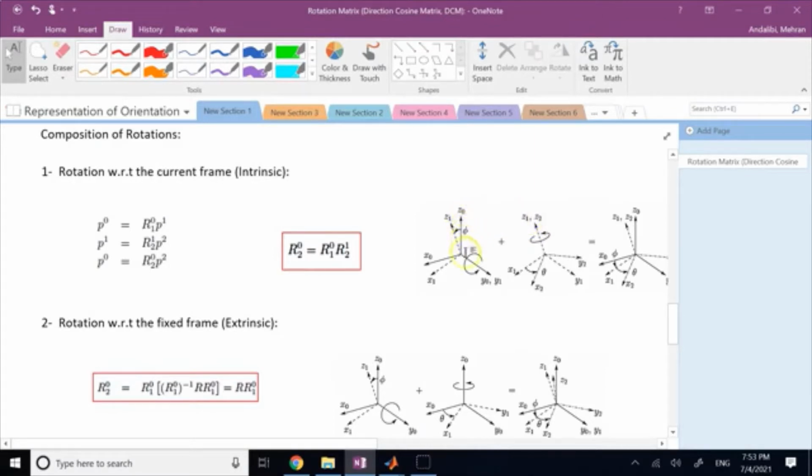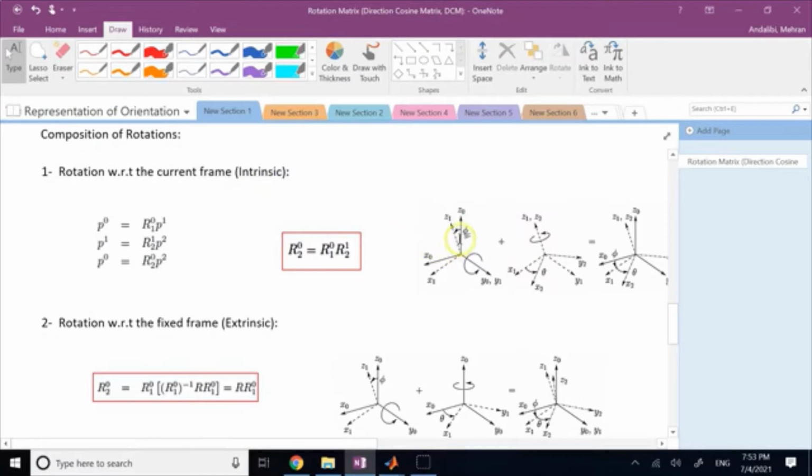Or you still want to rotate this frame 1, all of its axes, by rotating all of them about what? About the original z, z0. In most of the applications in real life, the rotations are done about the current or the intermediate frame. So we call those rotations intrinsic rotations.